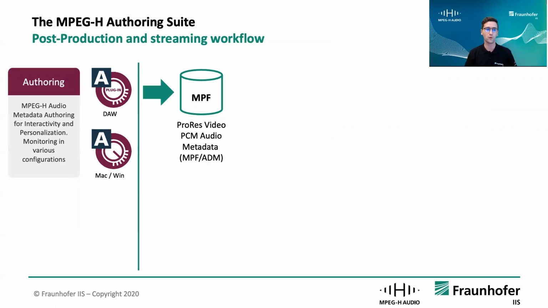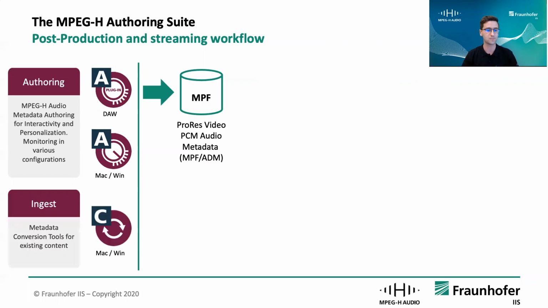In terms of workflow, you can use the MPEG-H Authoring Suite and the tools for authoring to create the metadata. In this slide, you can see the plugin in digital audio workstations, or the standalone application, the MPEG-H authoring tool, to create, produce and mix your sound, create and monitor the metadata, and then finally export it to an MPEG-H audio master.